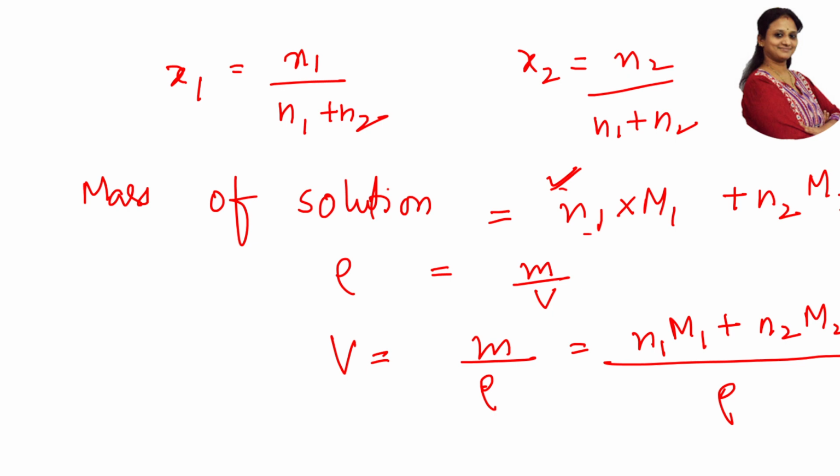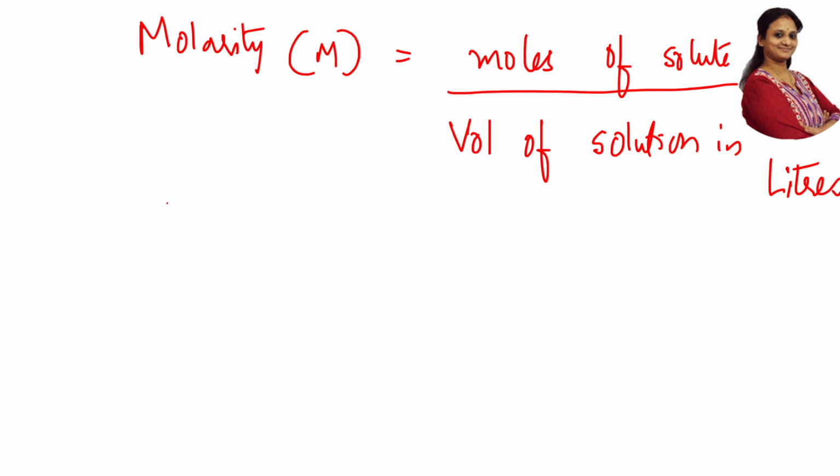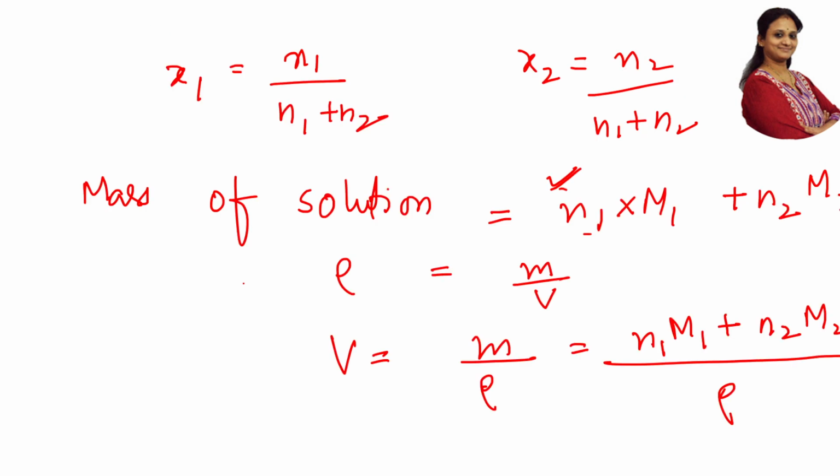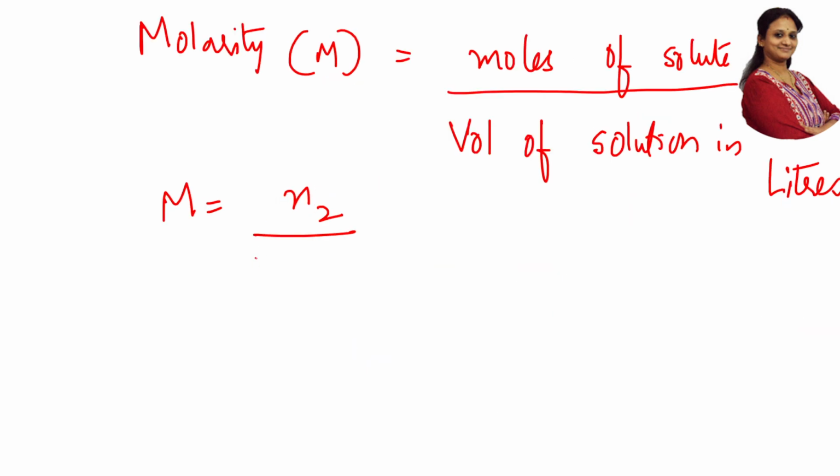Moles of solute, we have already got here. Let me substitute that. What is moles of solute? Solute is denoted by N2. Correct. Right? Now, moles of solute is N2, and we have divided by this volume, the mass term. So, N2 by N1 M1 plus N2 M2.